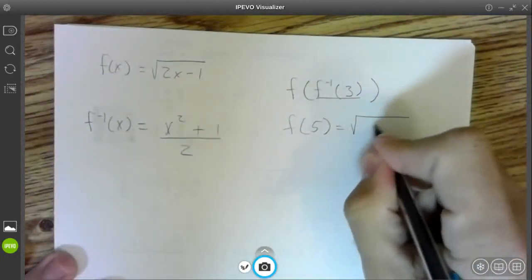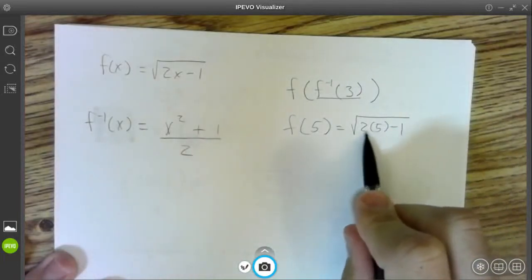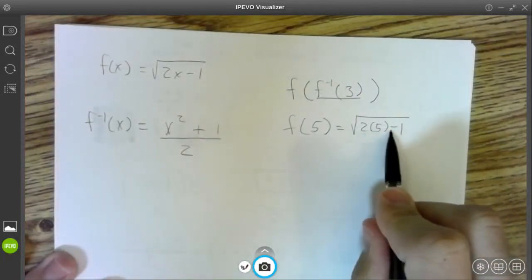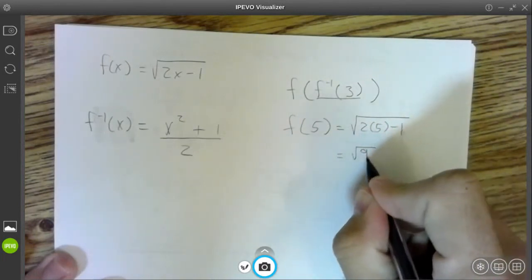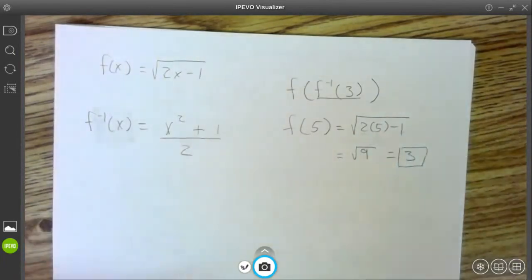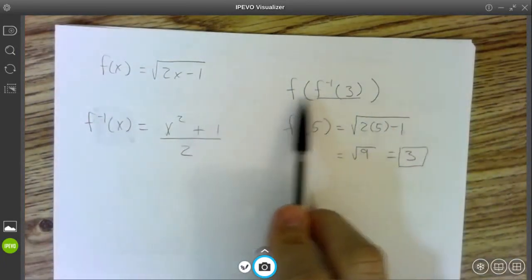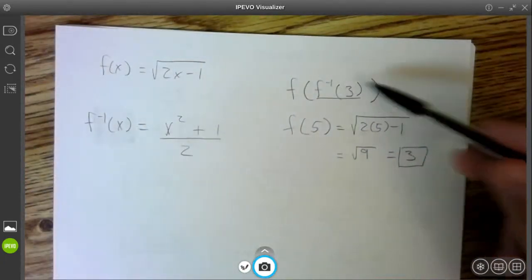It's going to be the square root of 2 times 5 minus 1. 2 times 5 is 10. 10 minus 1, that's 9. So I get the square root of 9, which turns out to be 3. And that's what I expected should happen, right? When I'm composing a function and its inverse, they cancel each other out, and you're just left with what you started with.